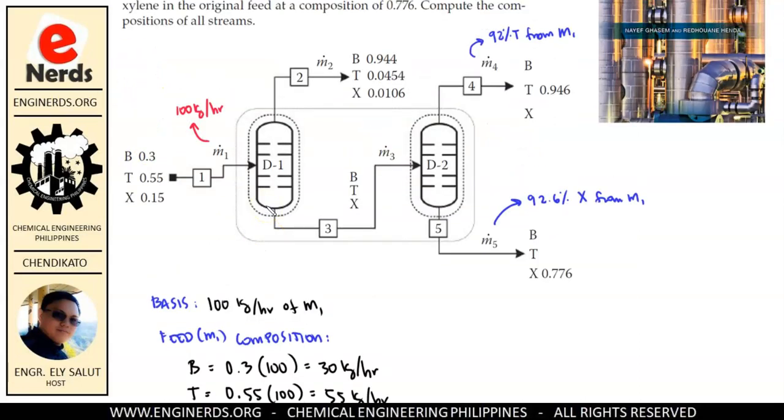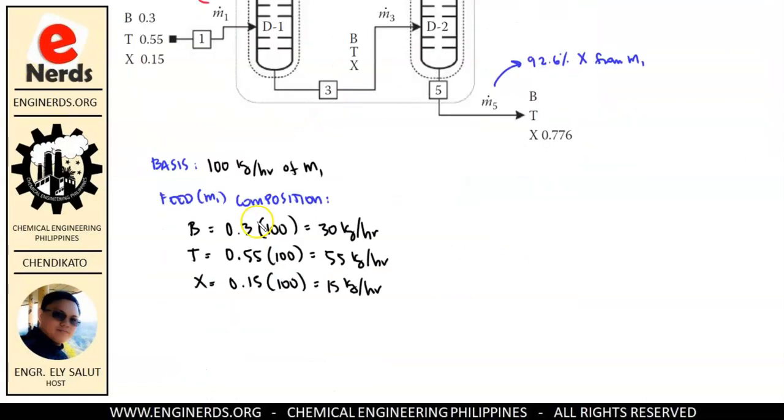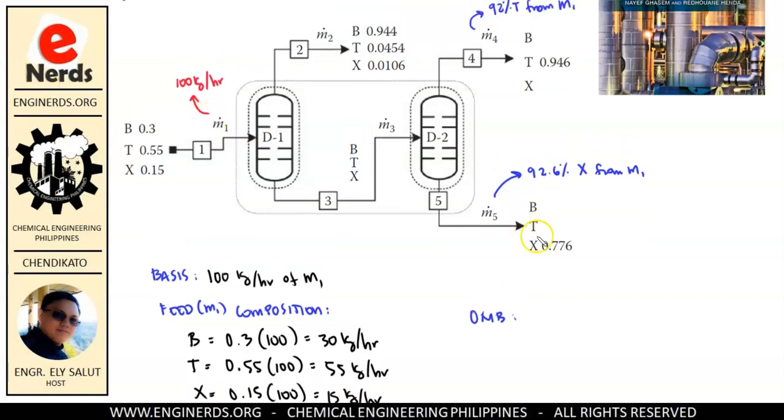Okay, so first, let us set our overall material balance and our material balance on each of our units. In our overall material balance, meron tayong pumapasok na M1, and the rest are leaving.